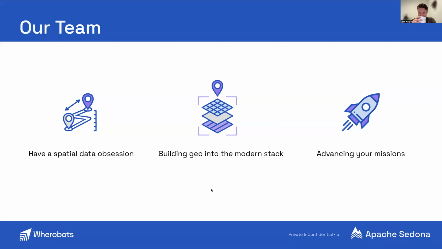Now it's got 20,000 some odd organizations that are using it. We collectively have hired a large number of engineers, solution architects, folks across the domain that really love this type of data and are really kind of obsessed with it. And that's really what we bring: that spatial data obsession.